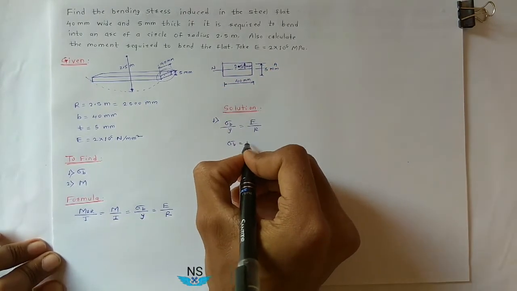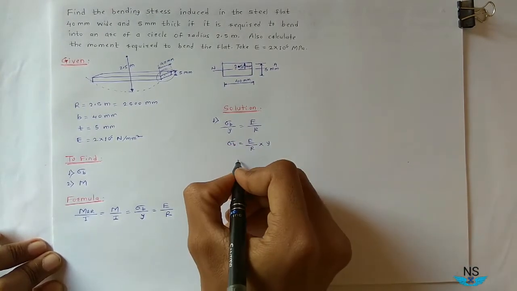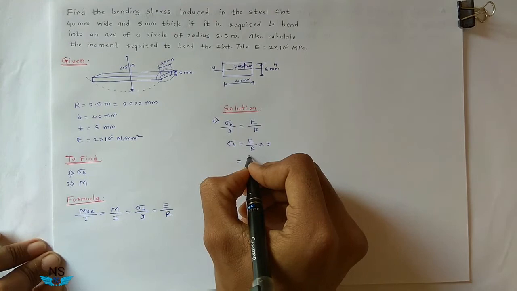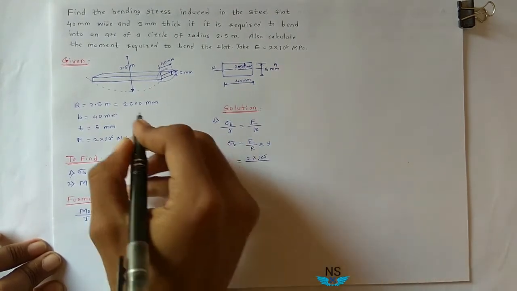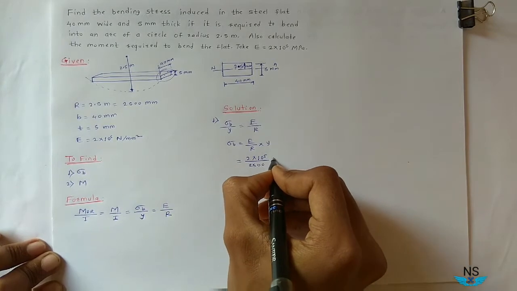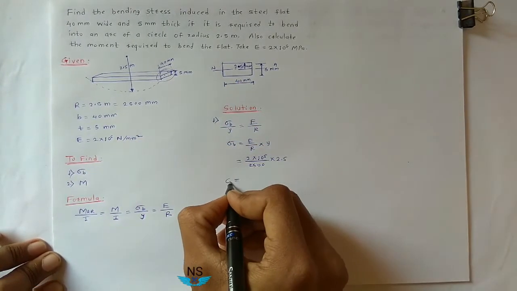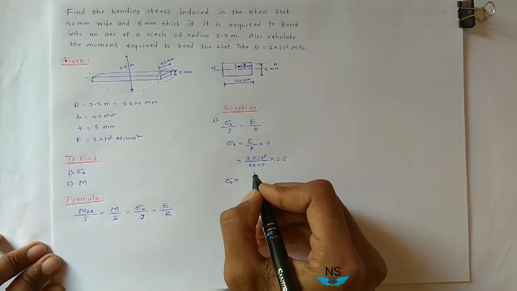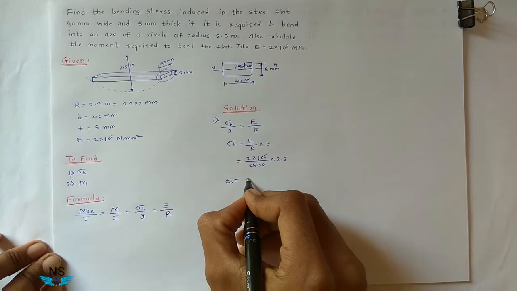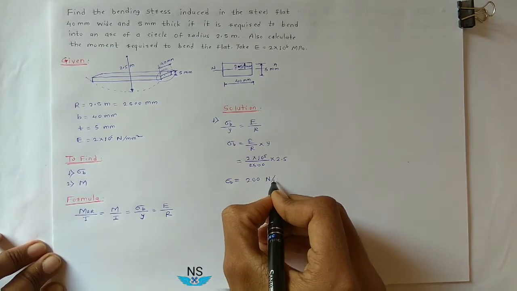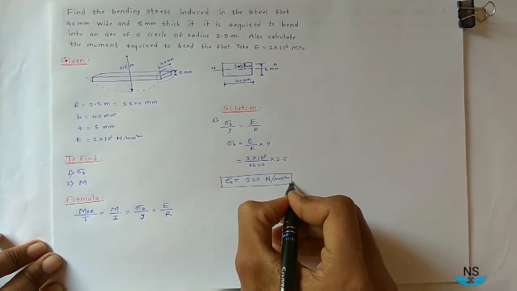So sigma B is equal to E by R into Y, that is 2 into 10 raised to 5 divided by 2500, into 2.5. The value of sigma B becomes 200 Newton per mm square, that is 200 megapascal.